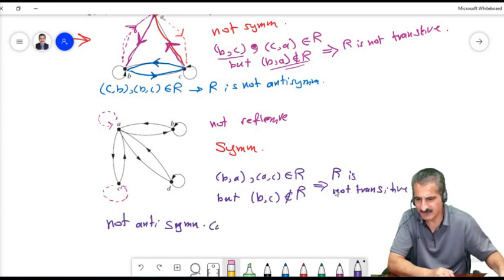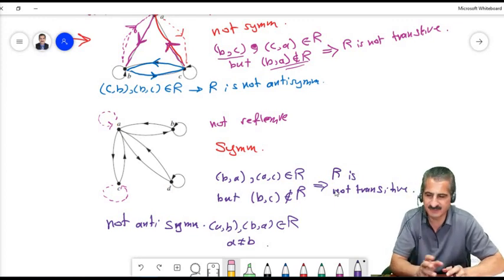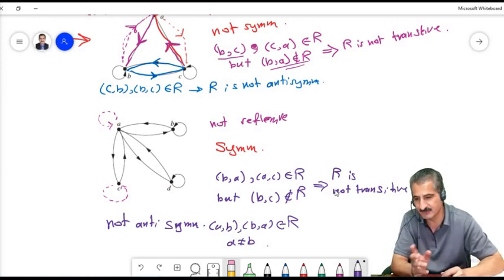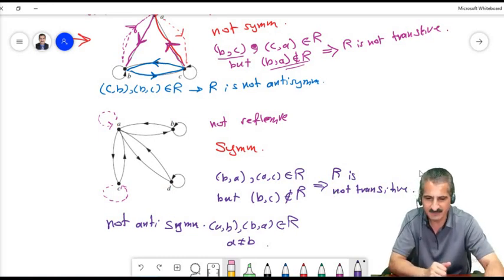Because we can see AB and BA belong to R, and A is not the same as B. Same with AD, and AC related to CA, AD related to DA, and none of them equals the other. Okay, and this brings us to the end. Good, thank you.